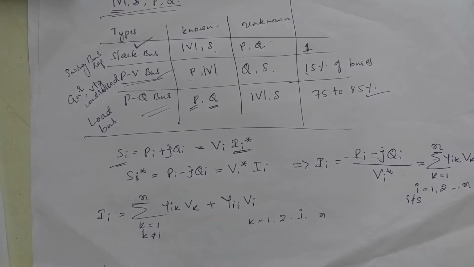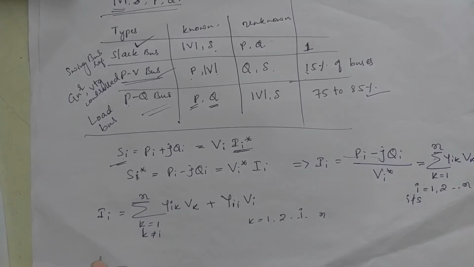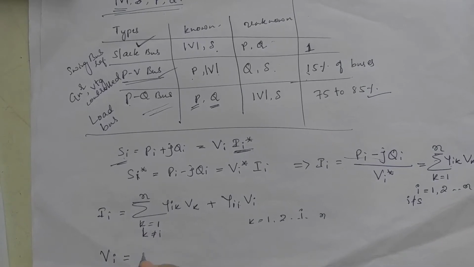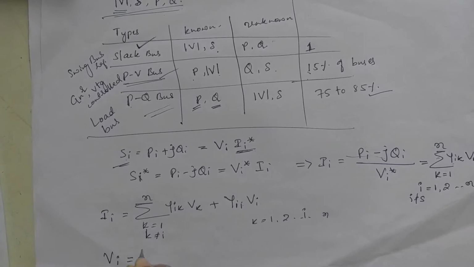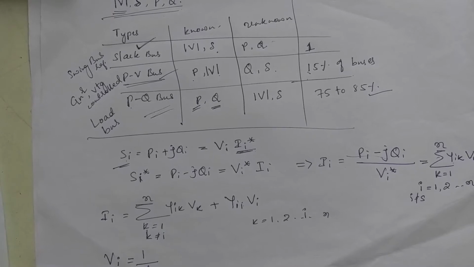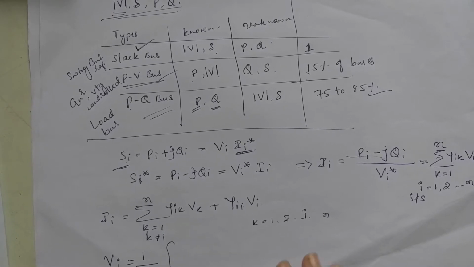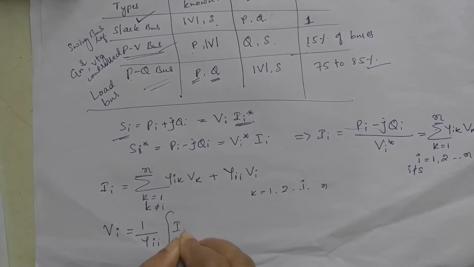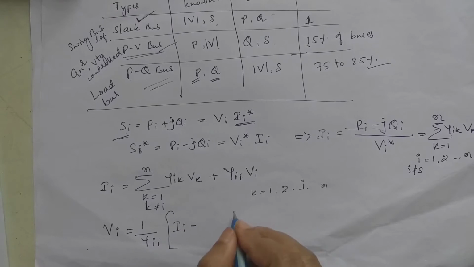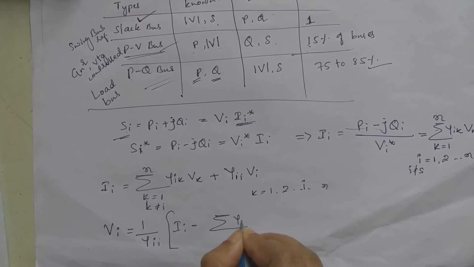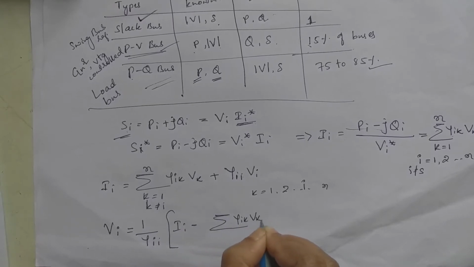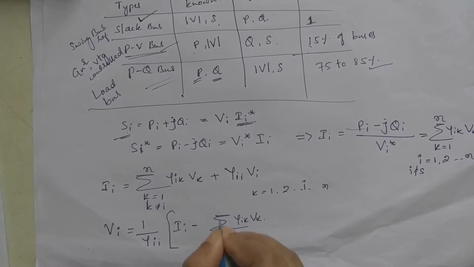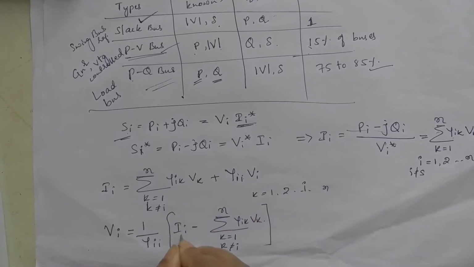On rearranging this, we get Vi which is equal to 1 divided by Yii, times (Pi minus jQi) divided by Vi conjugate, minus summation Yik Vk, where k varies from 1 to n but k is not equal to i. What is Ii?